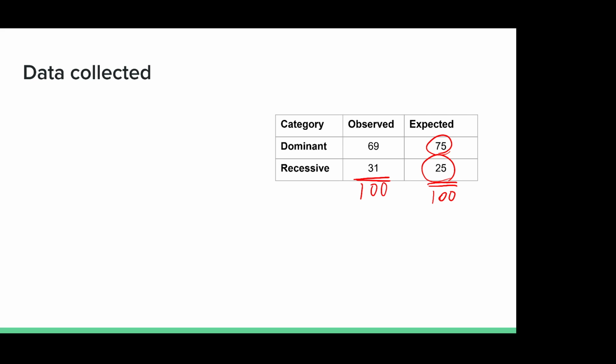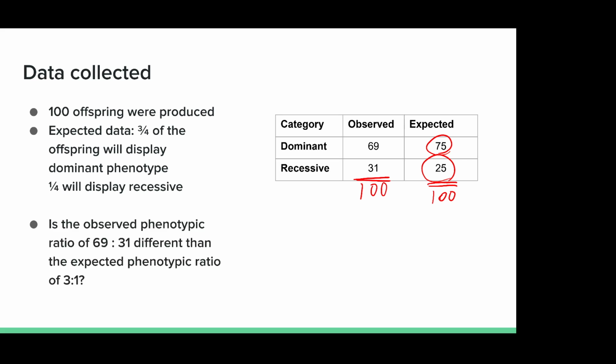So we are expecting 75 and 25, but we didn't get 75 and 25. So is something else going on? Or is 69 and 31 not different enough to say that something weird is going on? The expected data, we already went over that.